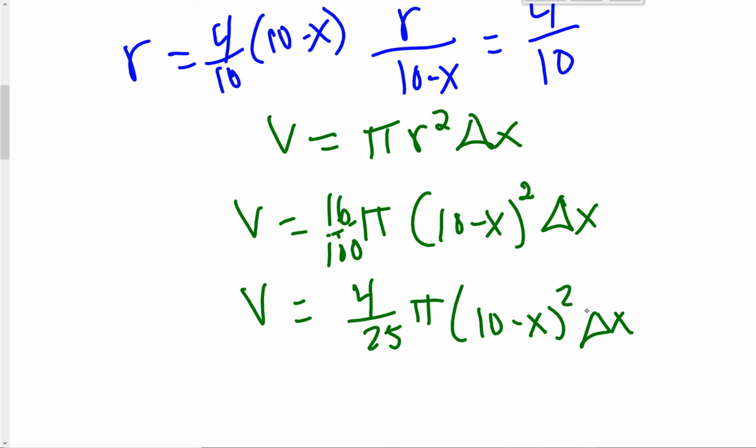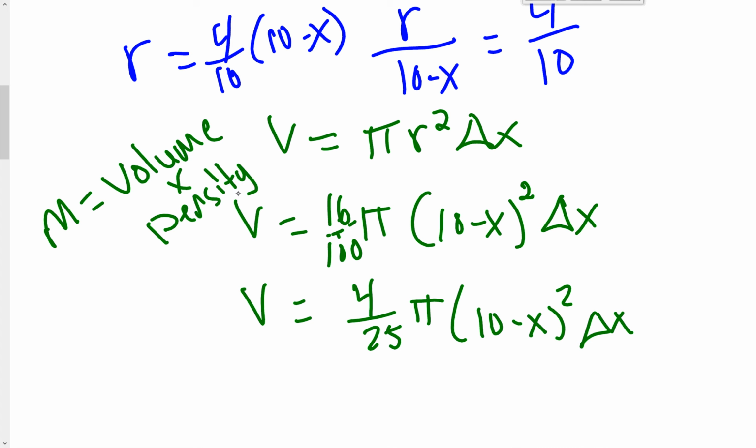Okay, so if you don't know, mass is volume times density. And the density of water is 1,000 kilograms per cubic meter. And so we can go ahead and just take this and multiply it by 1,000, and it will get us our mass.